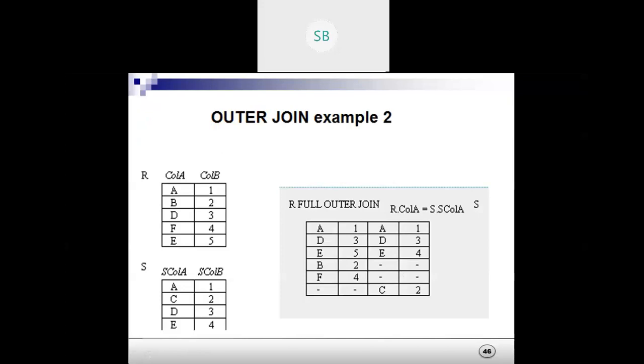So here the matching tuples are A1, A1, then D3, D3, then E5, E4. And last, from the left table we have B2 and F4, and from the right table what is left is C2. So this was all about full join.